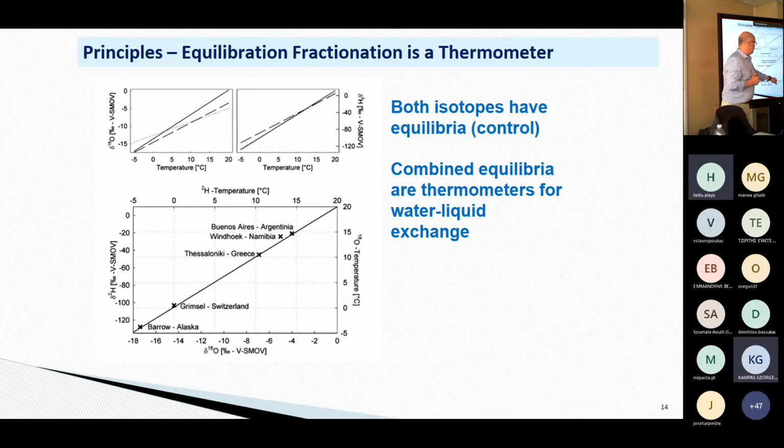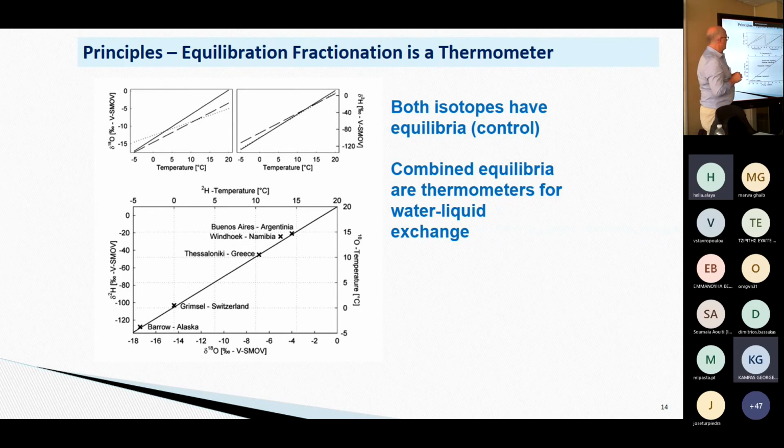And Namibia, minus 4, minus 20. Buenos Aires, even heavier. So this is a kind of thermometer. We can plot our water into such a diagram, and we will actually see when it's in the lower left, cold conditions, winter rain, or high in the mountains, upper right, warm conditions, lowlands.